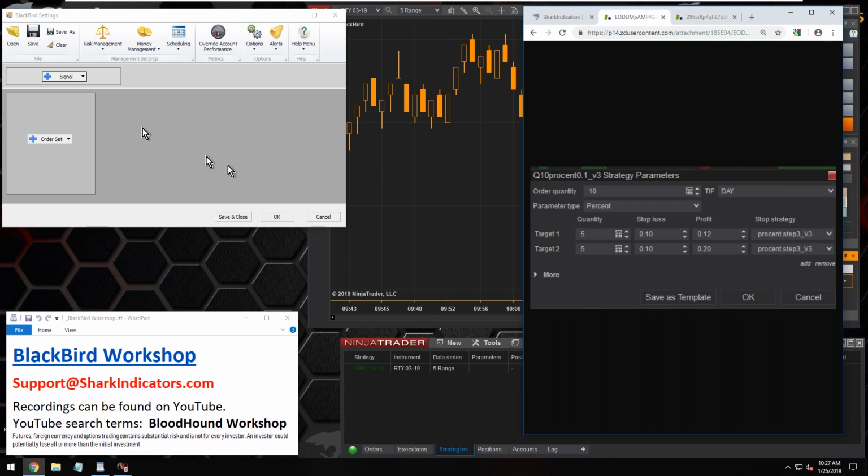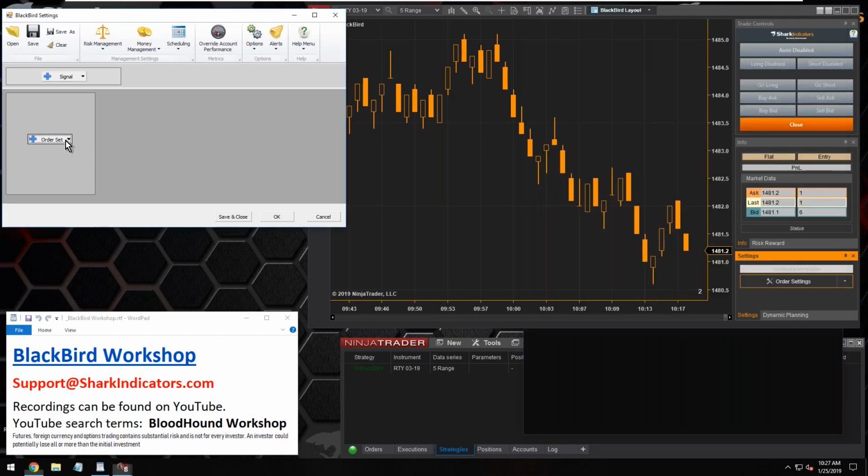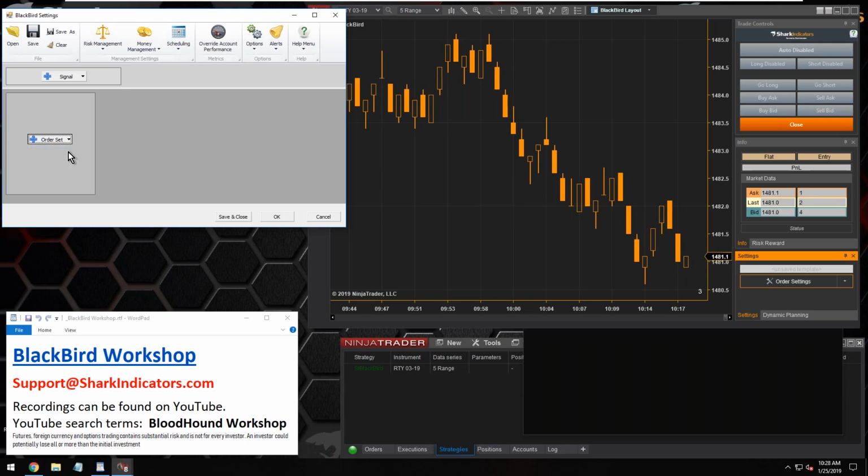If I remember correctly, ATMs don't have entry order settings. That's just determined by using the chart trader or right-clicking on the chart. But in Blackbird, you do need to specify what type of entry order you want to use. So I'll just use the market order for now.